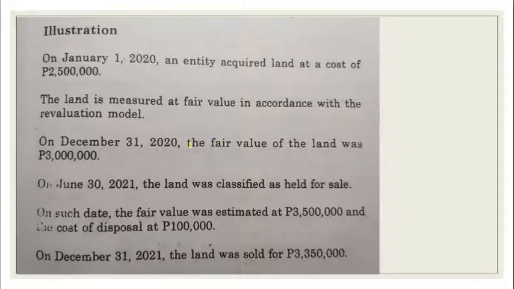On December 31, 2020, the fair value of the land was 3 million. So how much is your revaluation surplus? Of course, that is your 3 million minus your 2.5.